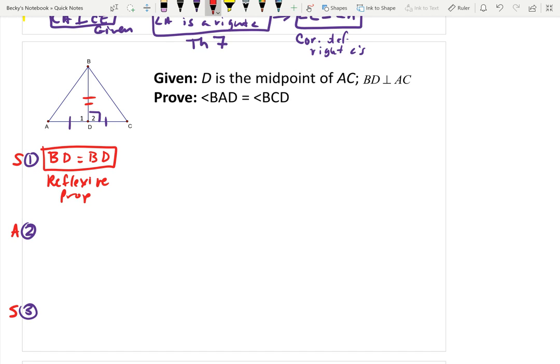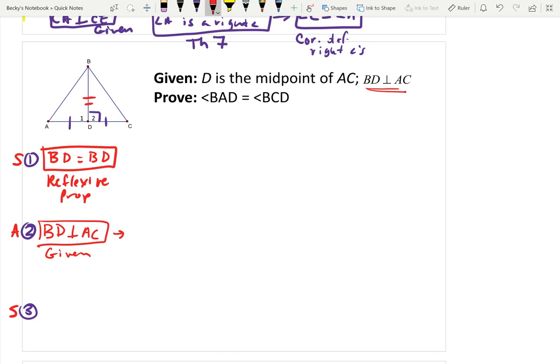Now for the angle, how did I know this was a right angle? Well, they told me it was perpendicular. And we did this on the last example. So BD is perpendicular to AC, and we're going to draw a box around it and say that it's given. So we're going to go in the same order as we did on the previous one. Perpendicular lines form right angles.